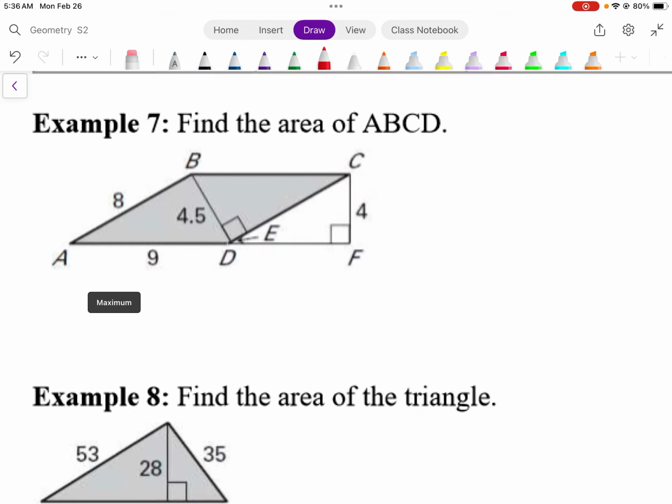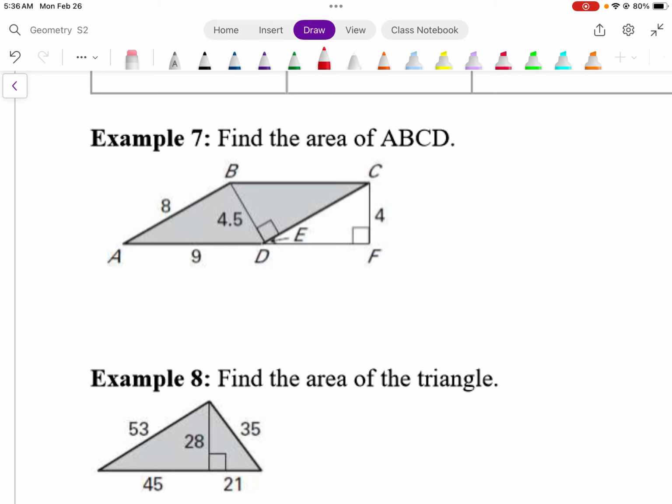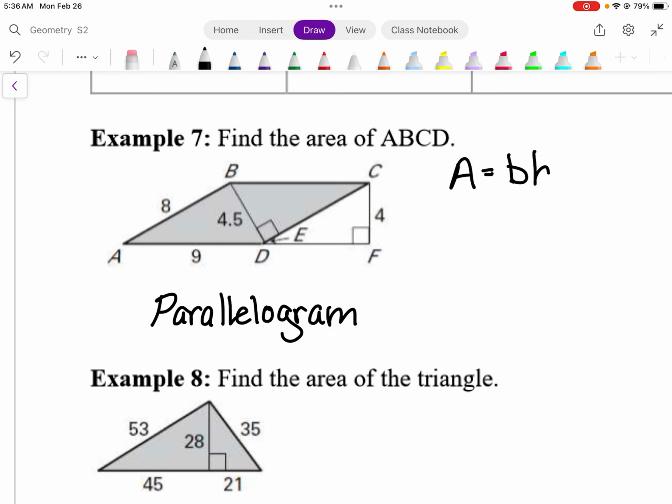Okay. So for example 7, they want us to find the area of ABCD. So this one is not a square, not a rectangle, but it is a parallelogram. So once we have that, we know that the area of a parallelogram is the length of the base times the vertical height.